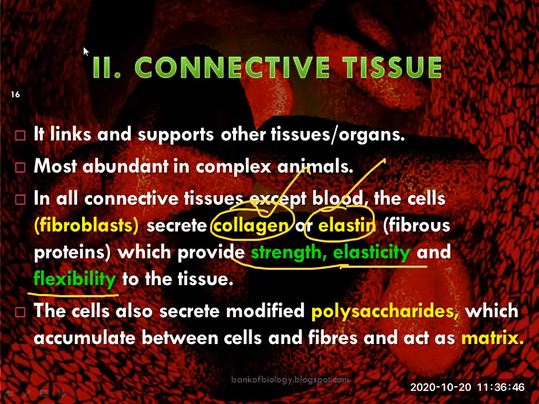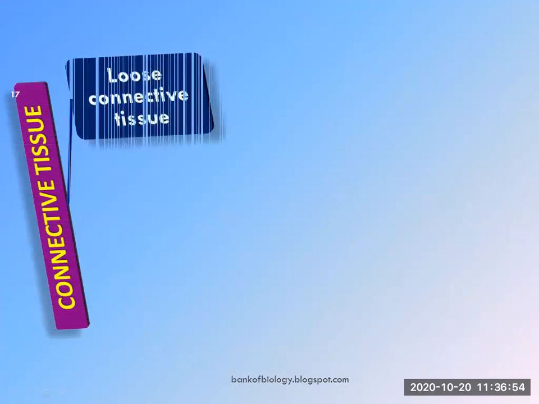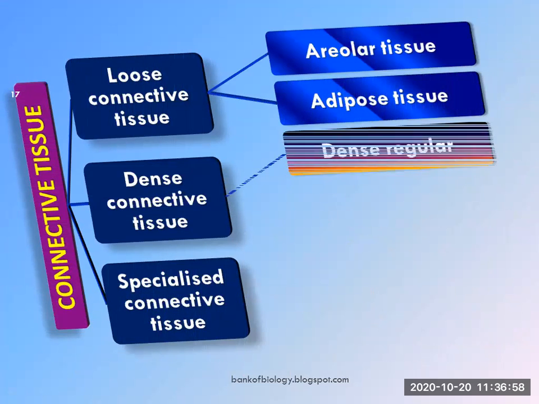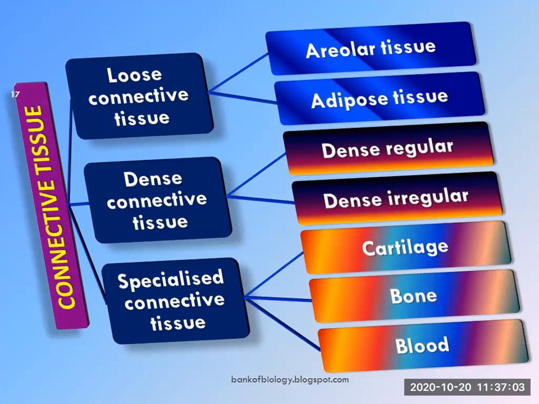Now let's continue with the characteristic features of connective tissue. Basically, connective tissue is classified into three: loose connective tissue, dense connective tissue, and specialized connective tissue. Loose connective tissue includes areolar tissue and adipose tissue.